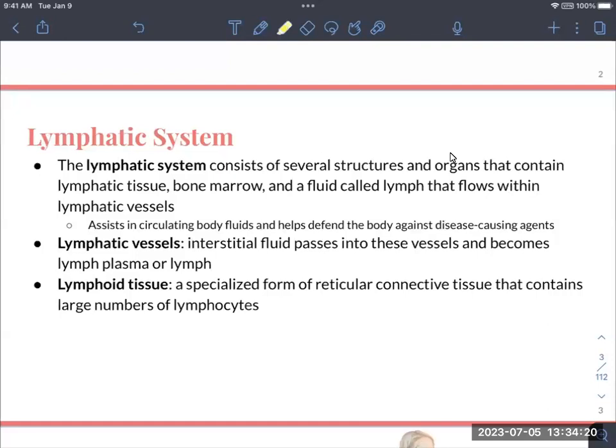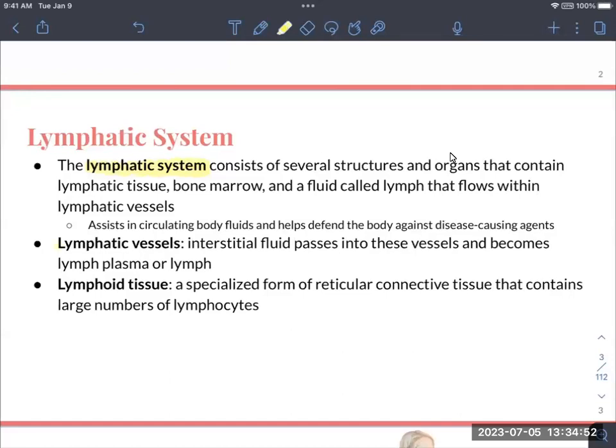So we have several different structures or organs in our body that make up part of this lymphatic system. There's different types of lymphatic tissue that are found in lymph nodes, that are found in the spleen. We have different lymphatic vessels that somewhat resemble blood vessels, but we will look at how they are different.